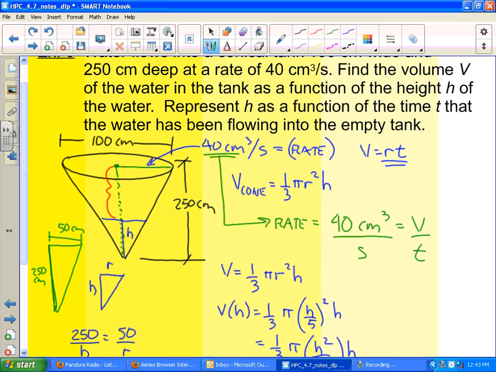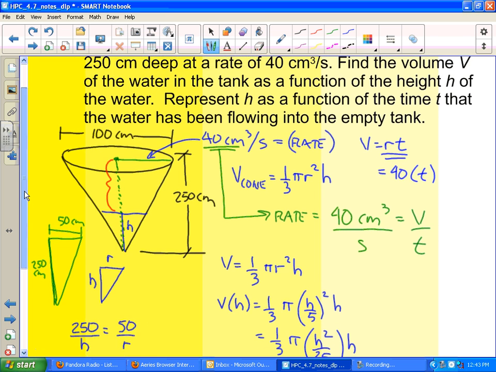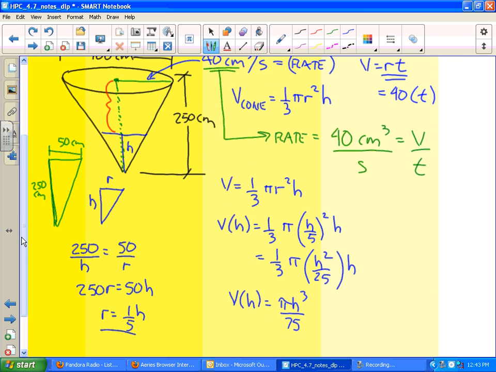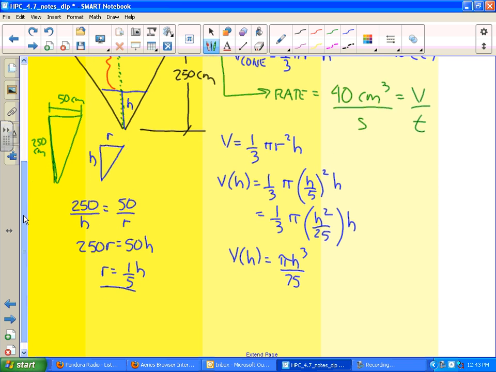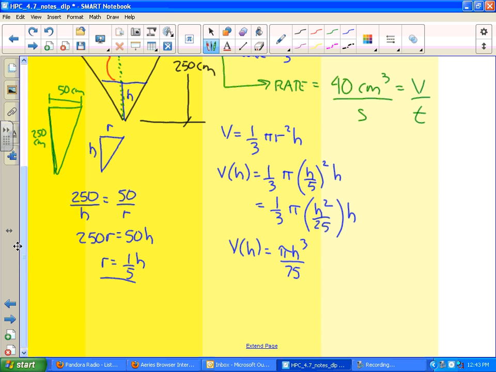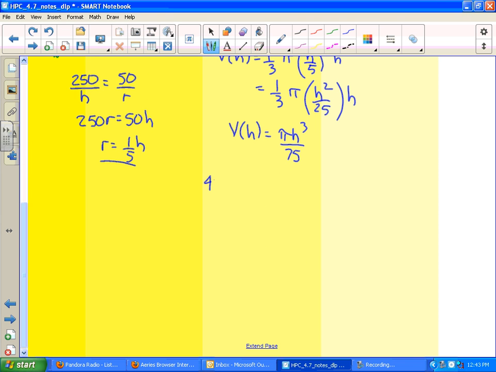The RT is 40 times T. 40 cubic centimeters per second times time is our volume. I don't need to worry about changing that R to an H. We're going to leave it that way, because now I can replace volume here with 40T and solve for H in terms of time.